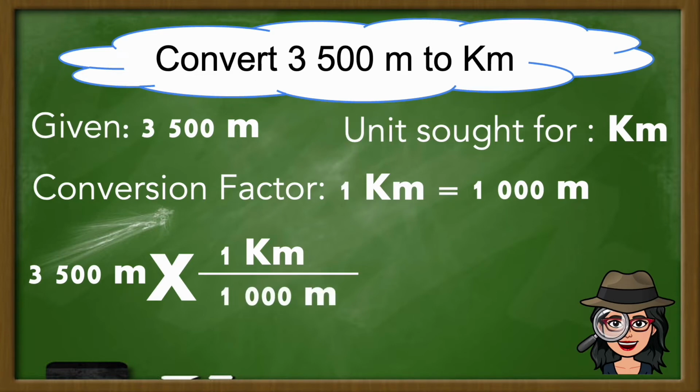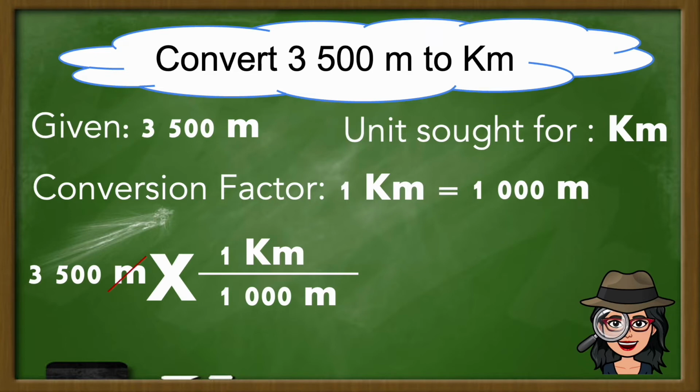What have you observed? You're correct. This time, the unit meter is in the denominator because the unit that we need to cancel out for this example is the unit meter. Is that clear?